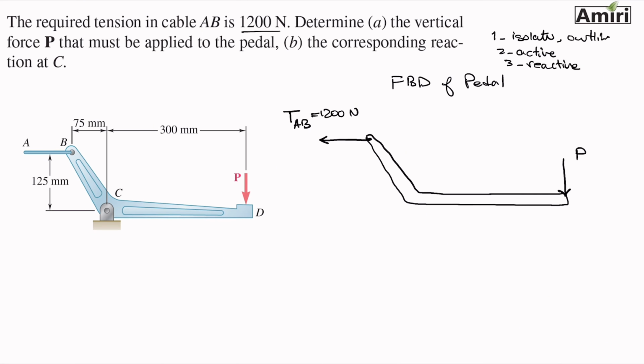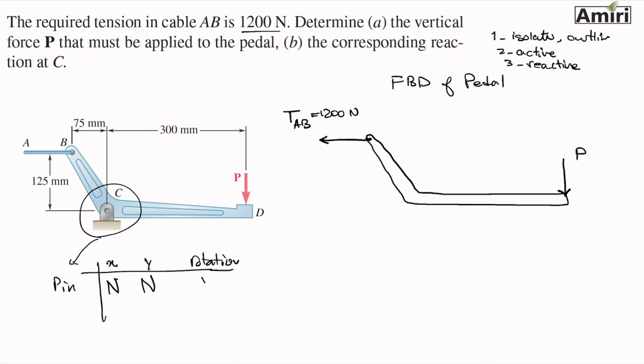And then I have a reaction. This is a pin. Quickly figure out which way it is moving and which way it is not moving. It's a fixed pin, so it's not moving in the X direction, it's not moving in the Y direction, and it can rotate, yes. So these are a no, no, and a yes.